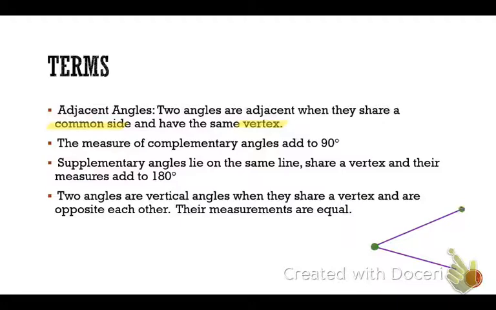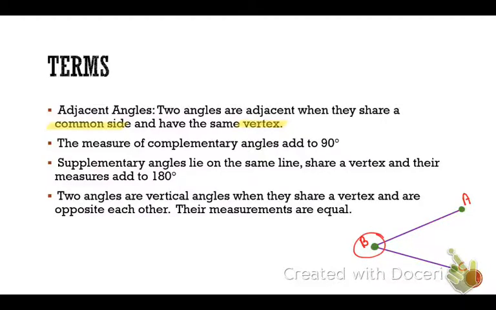So let's say there's a point here and a point here, and we have A, B, and C. Angle B is the vertex of angle A, B, C. So vertex is the point where 2 sides meet.